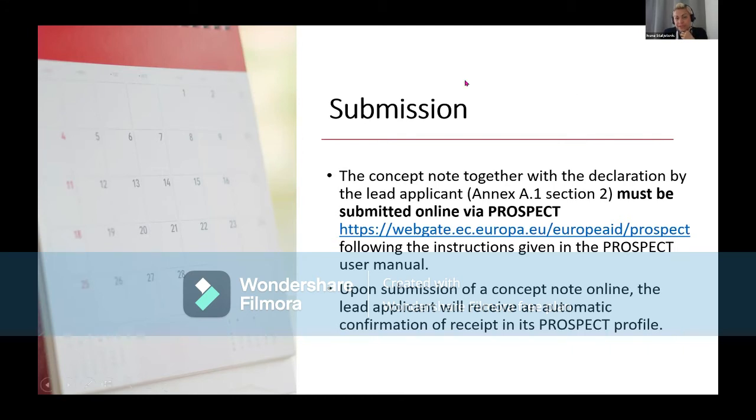You have also received the PROSPECT guidance, and you have the possibility to consult our help desk even for PROSPECT, for the needs that you will have when you upload your concept note in this online database. You will receive an automatic confirmation of the receipt.